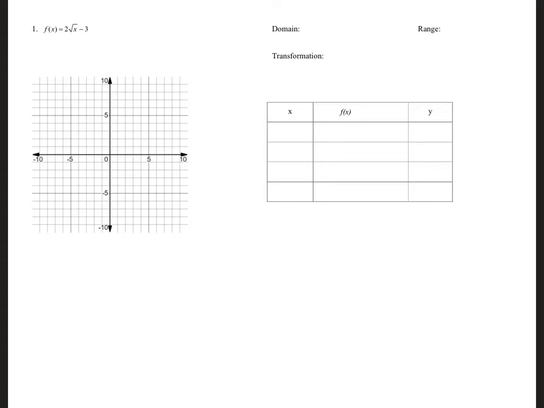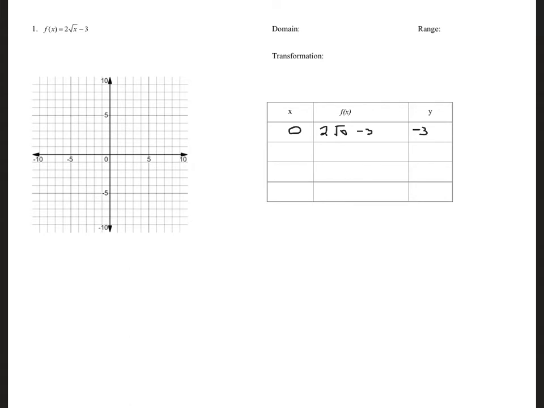Okay, so here we are given 2 square root of x minus 3, and that's what we are going to graph. So we are going to get convenient values. Let's start at 0. When x is 0, we get 2 times the square root of 0, minus 3, and we get negative 3.